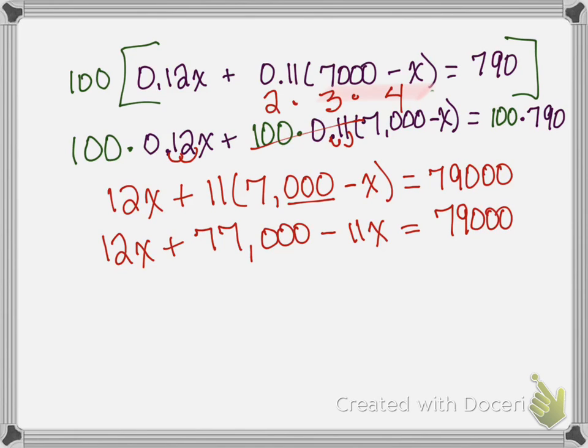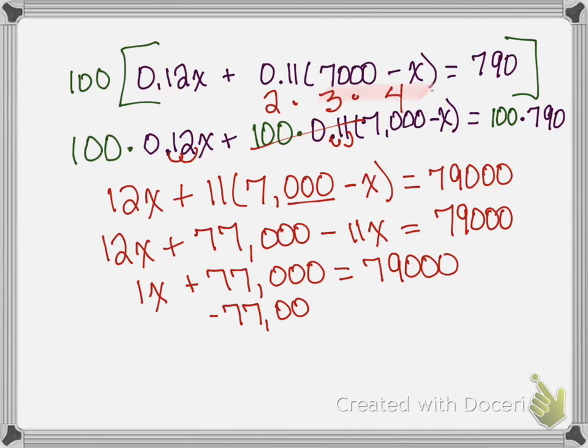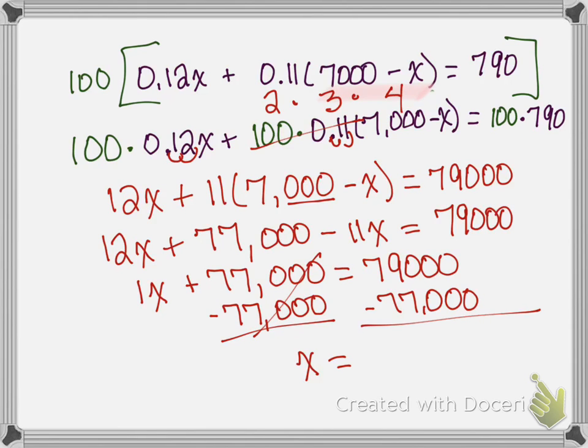And now it's much easier to deal with. I take 12x minus 11x. I'm left with 1x. Okay. Now I'm going to subtract 77,000. So I am left with x equals 2,000.